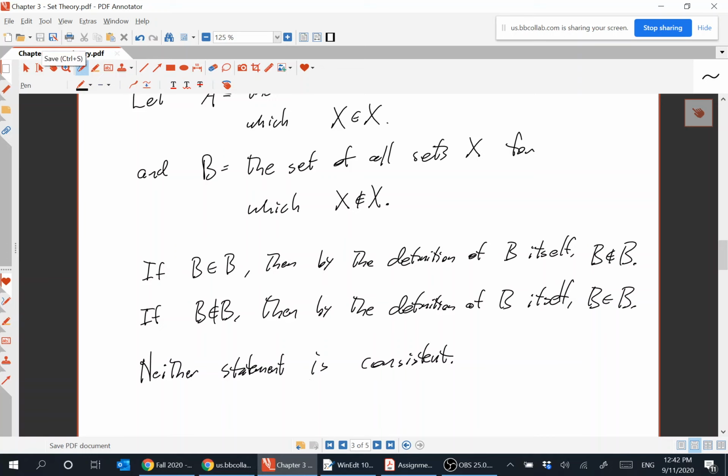A contradiction is when you say proposition A is true and proposition A is false. Proposition A is both true and false. Well, it can't be. A proposition is either true or it's false, not both. But here we have this proposition being true leads to that proposition being false, and this proposition being false leads to this proposition being true. Neither one works. So this is the paradox, Russell's paradox.